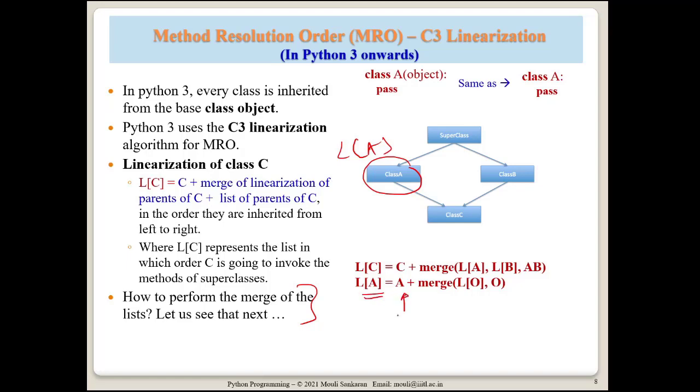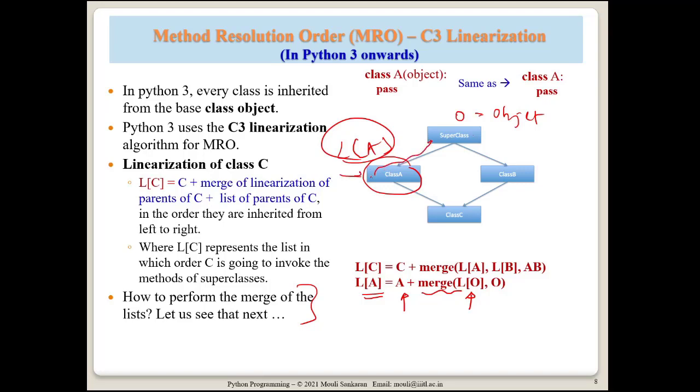First A will be there, merged with the parent's linearization, LO, which is supposed to be capital O, the object. So when you are building the linearization list for A, suppose the method is not found here, you need to look up for the method, right?